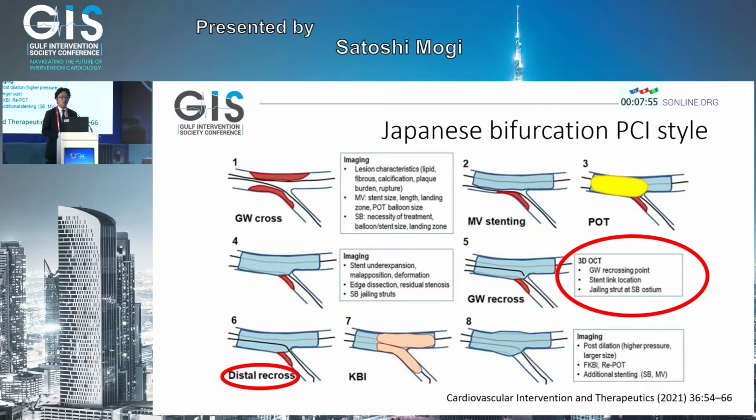Then we do 3D OCT because we have to recross the side branch wire at the far distal cell for good apposition and to remove the excess struts of the side branch ostium. After confirming distal cell recrossing, we do KBI and re-POT. And we do a final OCT for both branches.